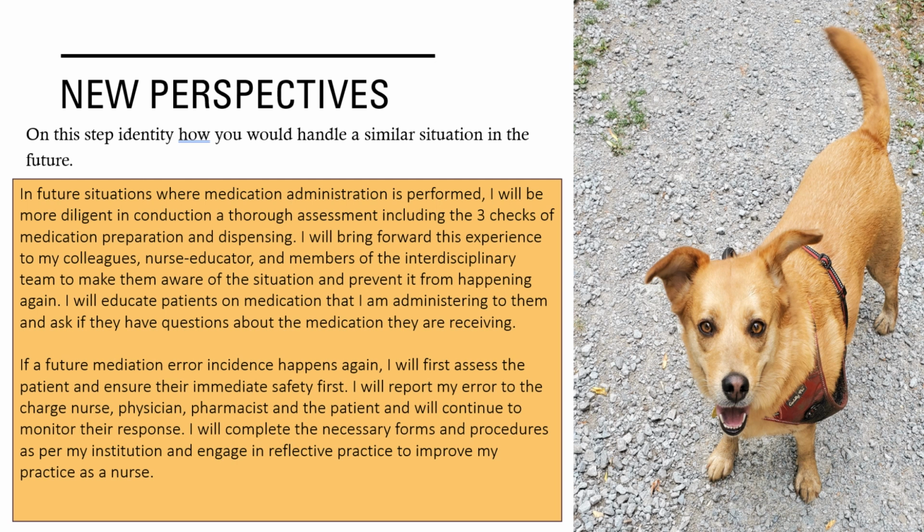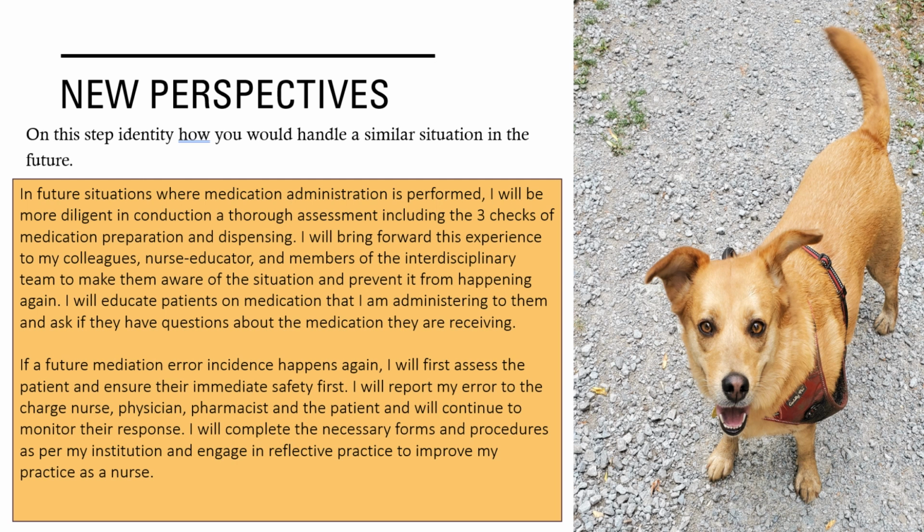I will self-report my error, so that as a team we become aware of what's going on and it's not a situation that happens in silo. I will educate patients on the medication that I'm administering and ask them if they have any questions. That could also act as another cue to make sure that you're administering the correct medication, by telling the patient what you're giving and asking if they have any questions.